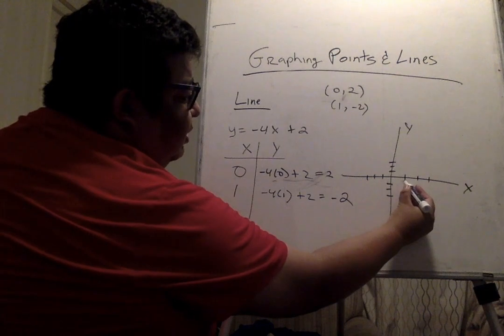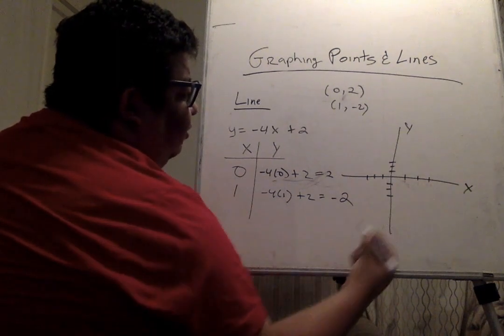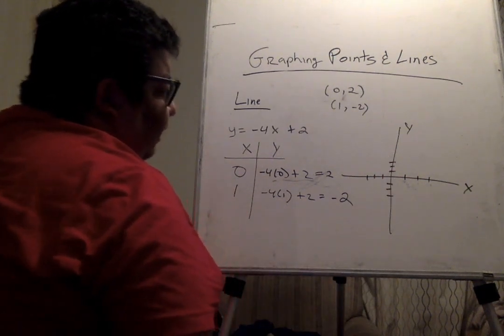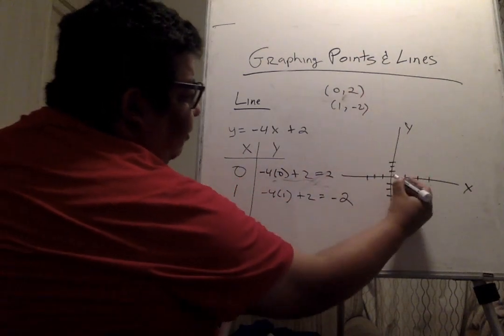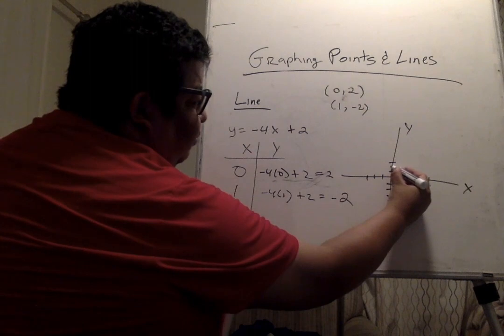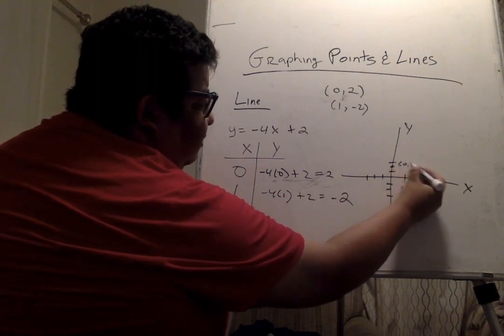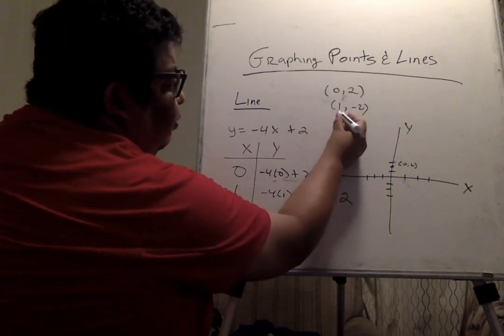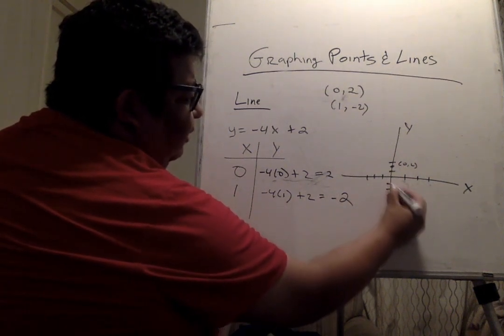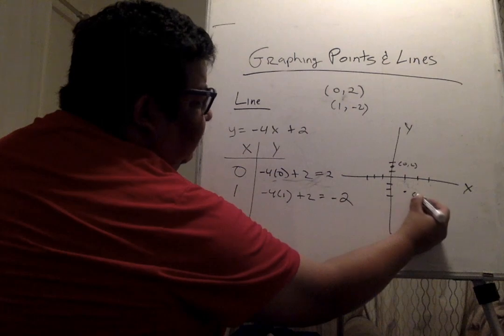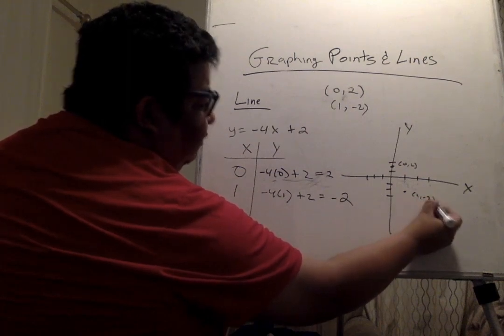Once you know that this is 1, 2, and 3, all you have to do is plot it. I'll show you that trick. So the first one is 0, 2. You put it here, and you can label it 0, 2. The next one is going to be 1, negative 2, because here is 1, negative 2.